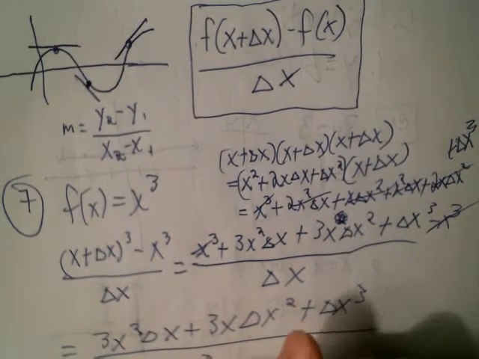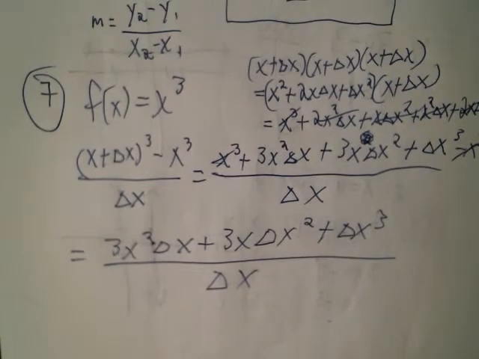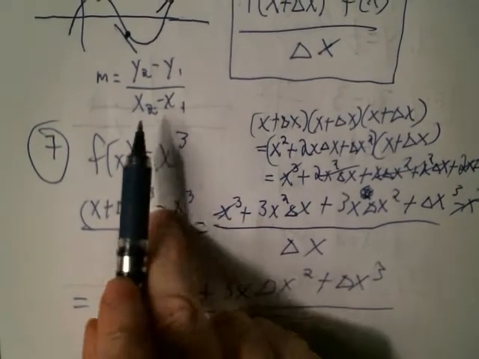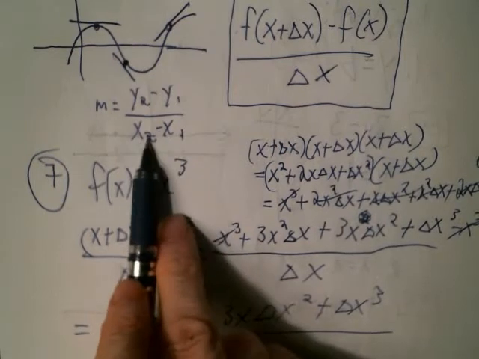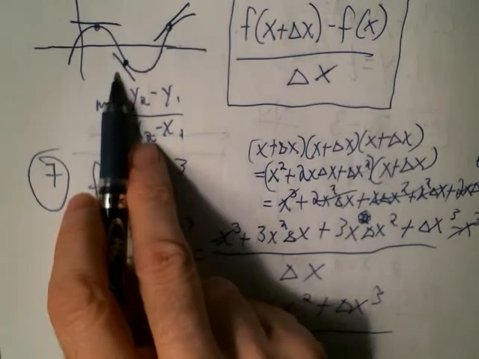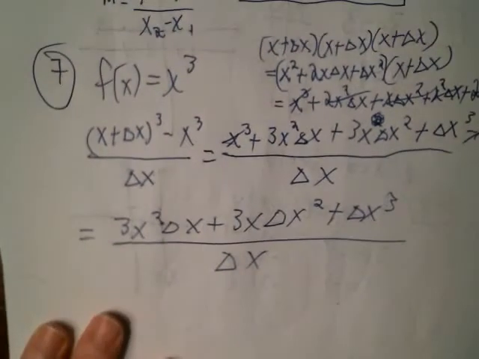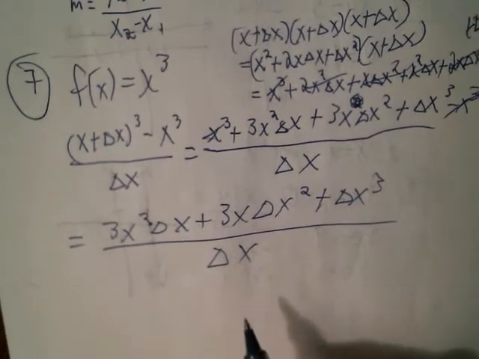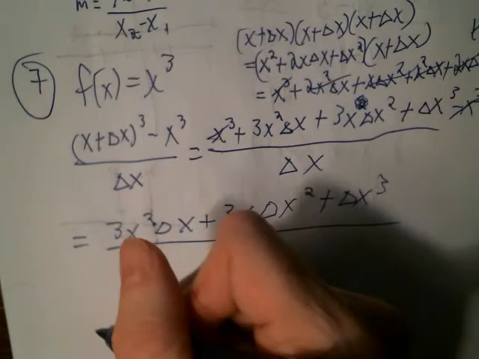And when you do these, eventually there's going to be what's called a limiting process, where we let the change in x go to 0. So what you're doing is making this denominator, the distance between x2 and x1, be really, really super duper small, so you can pick off the exact slope of the tangent line. Okay, so we'll want to get rid of this change in x in the denominator so that we can plug 0 in, so to speak.